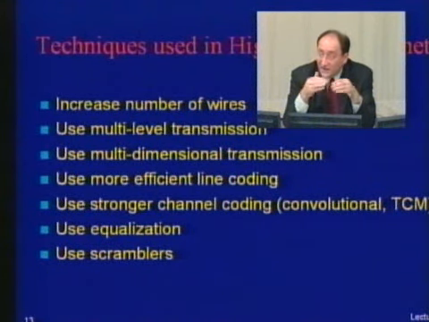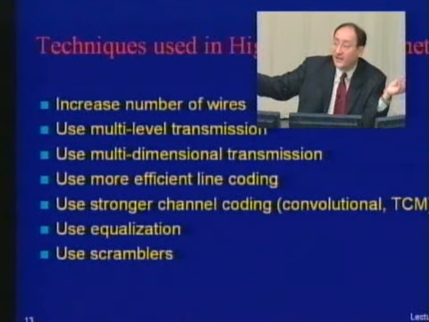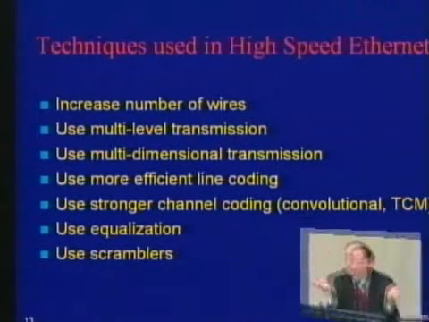The signal-to-noise ratio, the wire itself, and the way that it is treated, it gives you the baud rate, really, meaning the symbol transmission rate. If you have the symbol transmission rate, now you get tricky. You can send more bits per symbol.